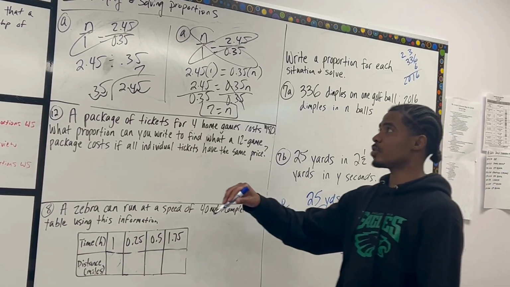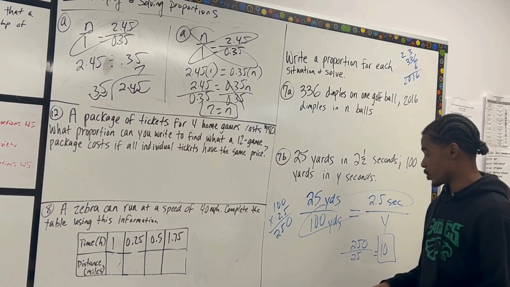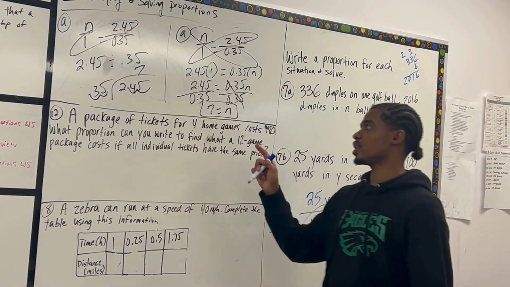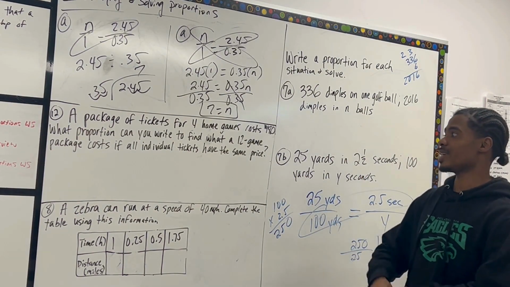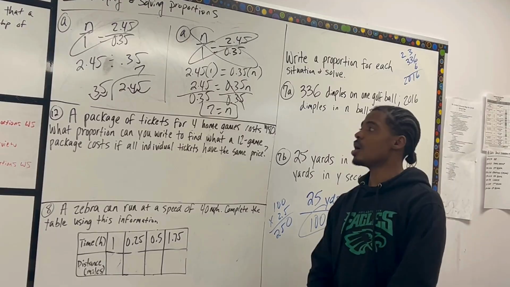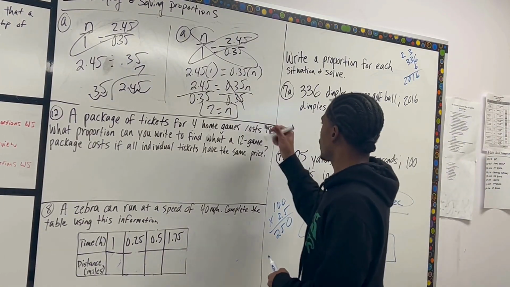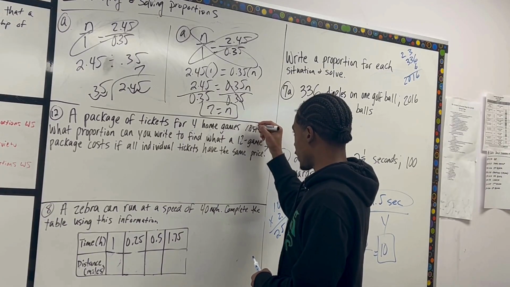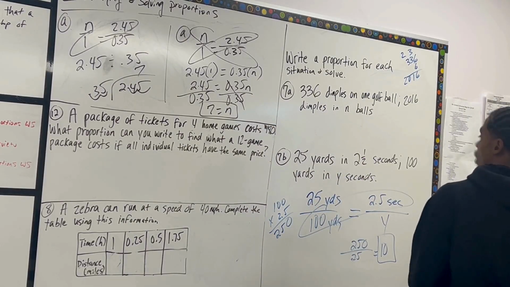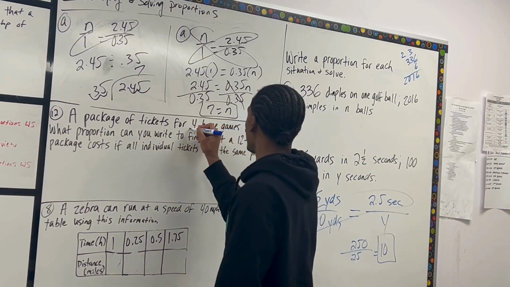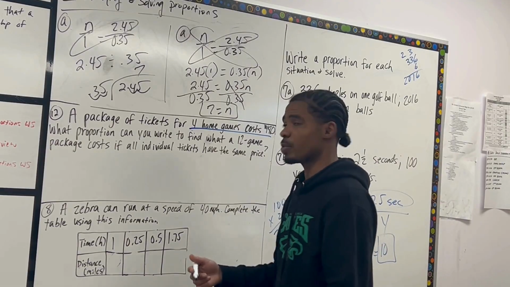Okay. All right. For number 12, a package of tickets for 4 home games costs $180. What proportion can you write to find what a 12-game package costs if all individual tickets have the same price? So guys, when it says 4 home games cost $180, that's really like your first proportion.